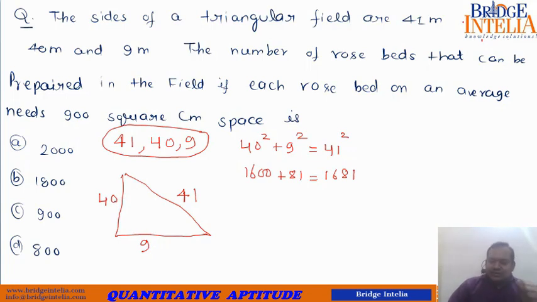It is being asked how many rose beds are required. So what is the total area of the triangle? Total area of the triangle is half into base into height. So total area divided by the area of a single rose bed, so divided by 900.